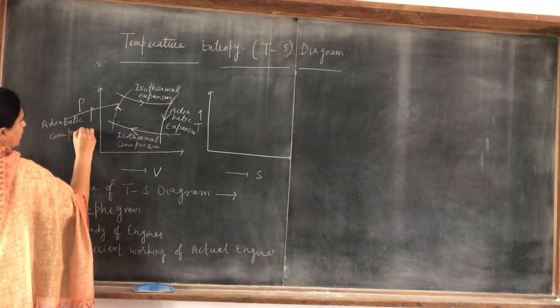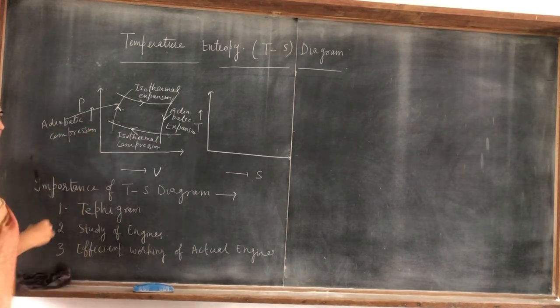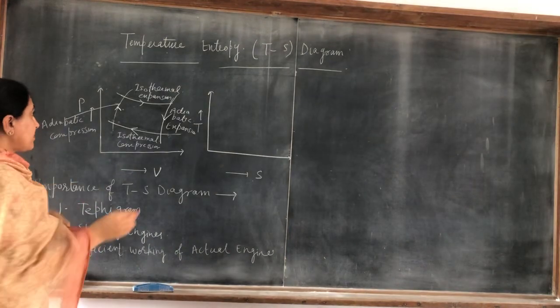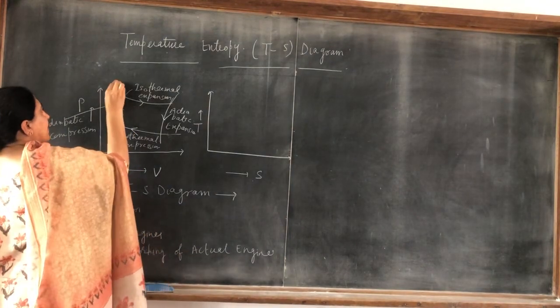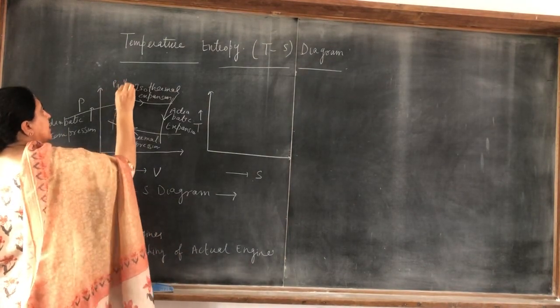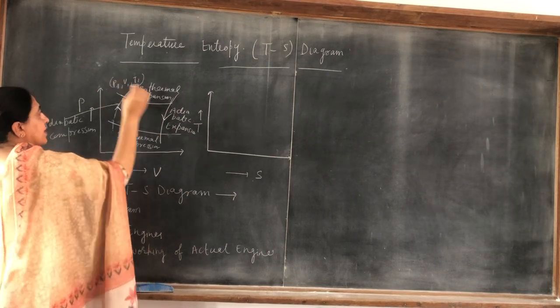Clearly, there are four processes in the Carnot cycle, and here P1, V1, temperature is T1.